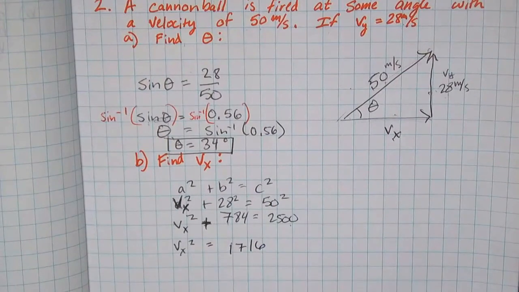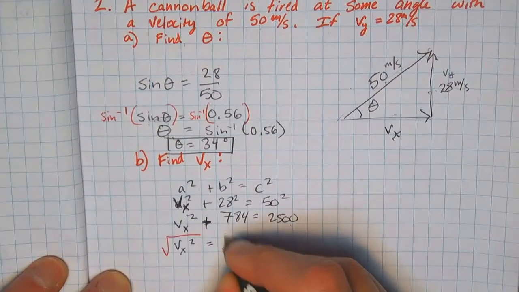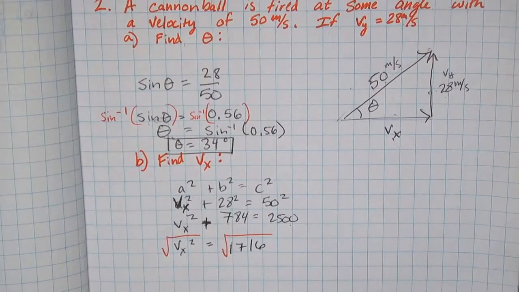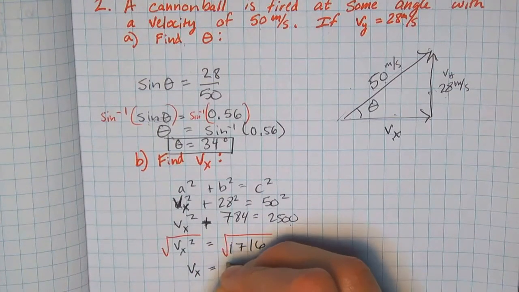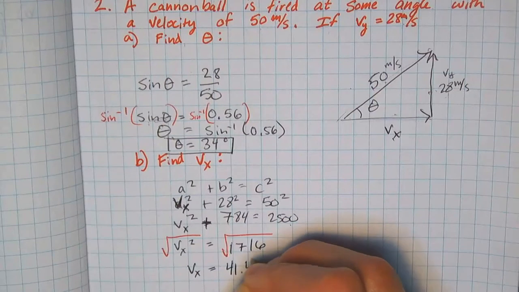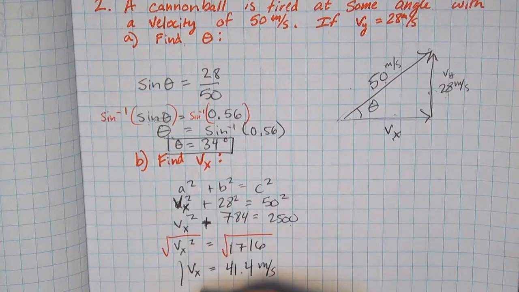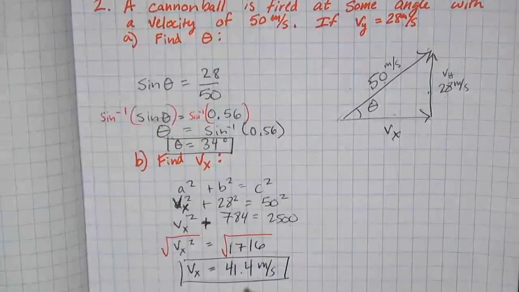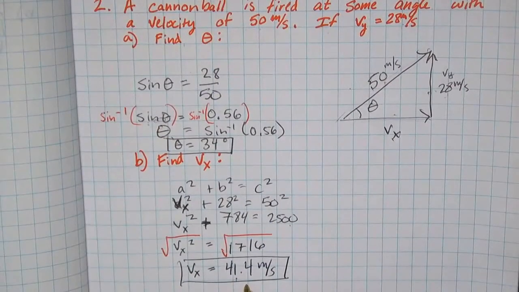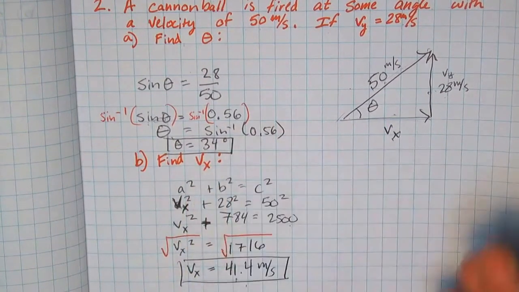Then square root both sides, giving you 41.4 meters per second. So that would tell you Vx right there.